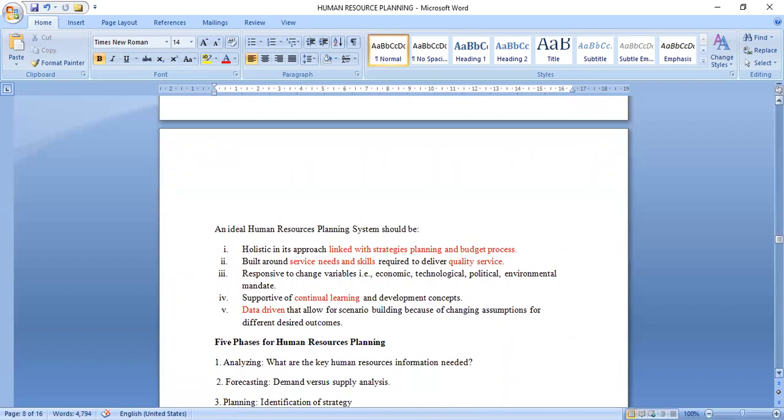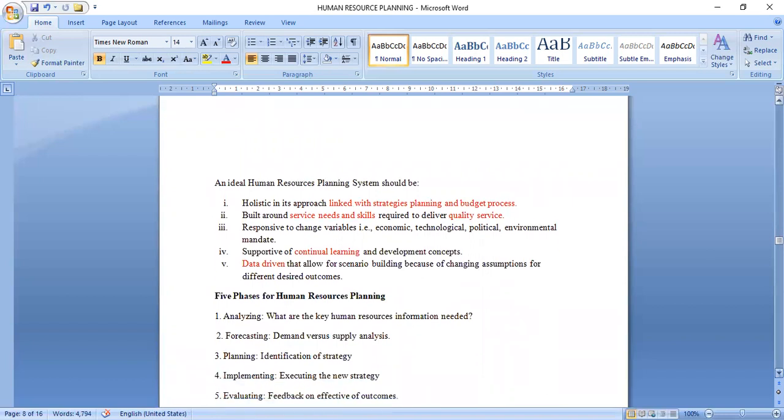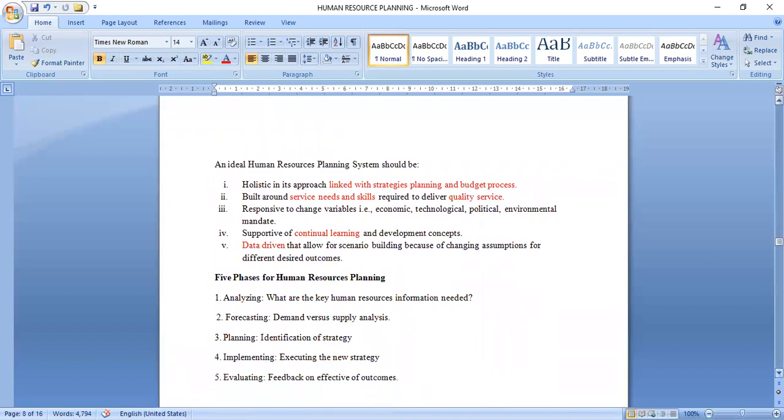Of course, you do the planning in line with your budget, in line with the amount of money you have in an organization. Are we together?